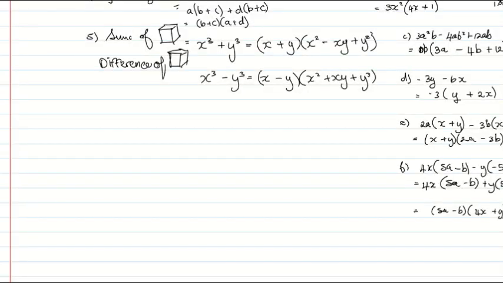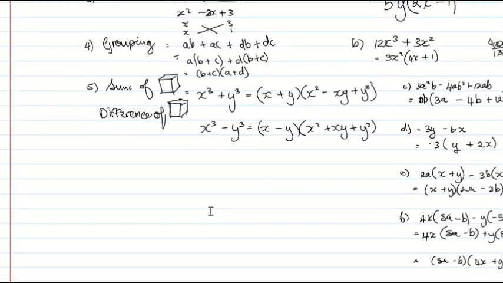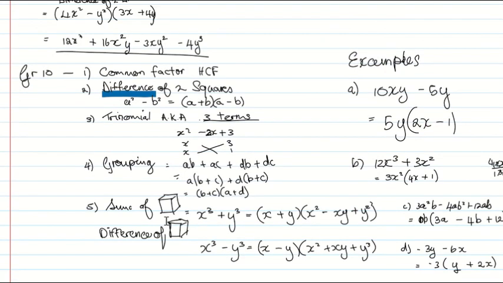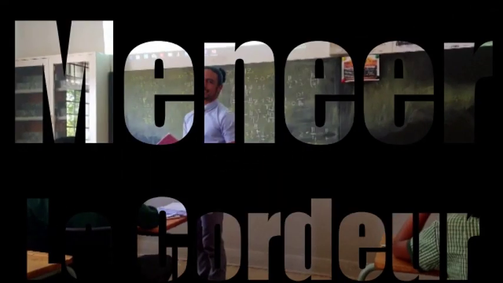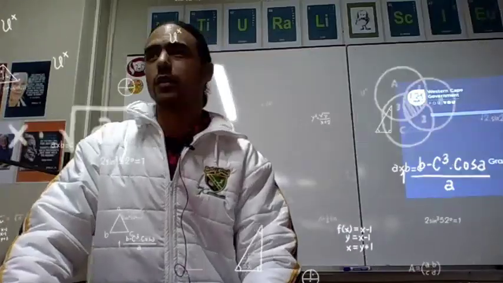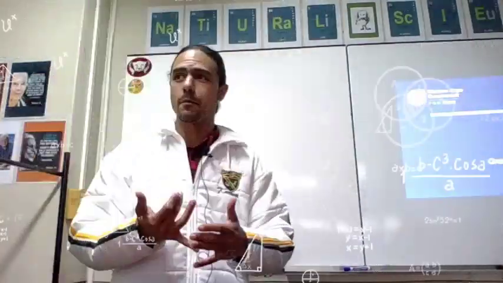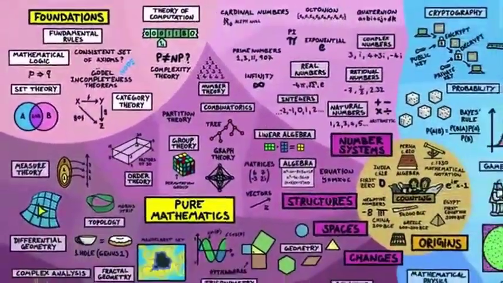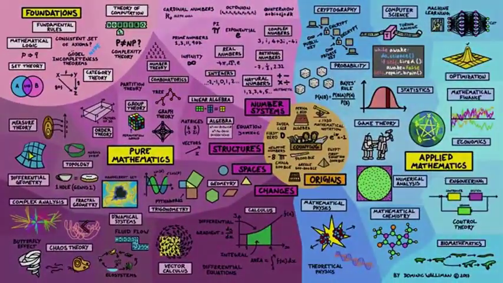Good, everybody. So we are now at the difference of two squares. Just to recap, in grade 10, the most important factorizations that we're supposed to remember are: first, a common factor.